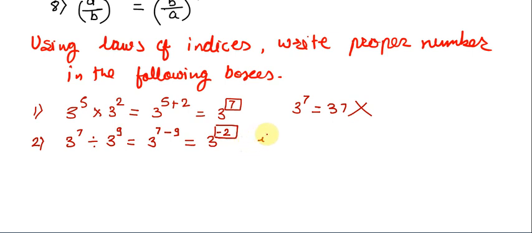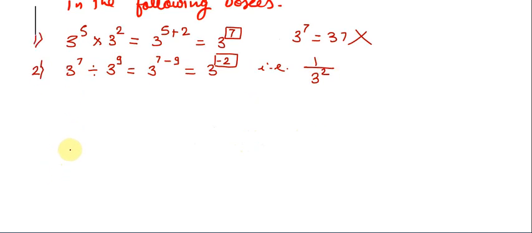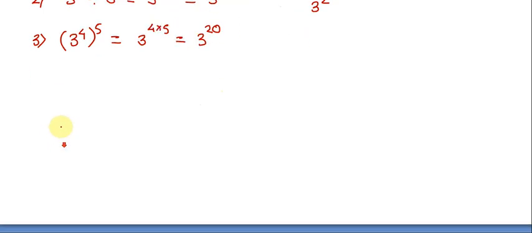That is, we can say 1 upon 3 square. In this way, we can write it. The third one is index of index: 3 raised to power 4, raised to the power 5. So we can take the product of indices: 3 raised to power 4 into 5 equal to 3 raised to power 20.